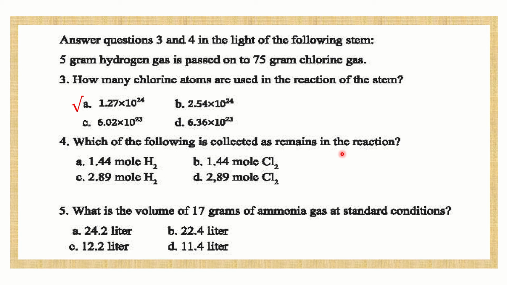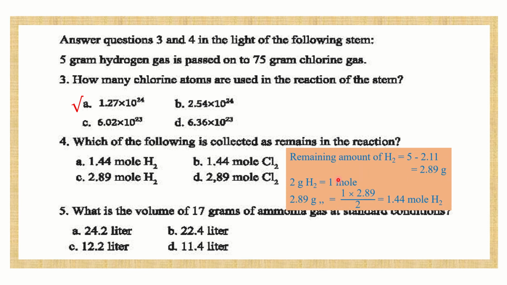And we have to find out how much hydrogen gas is collected as remains in the reaction. Look, from our previous math, hydrogen used was 2.11 gram, but in our reaction chamber there are 5 gram hydrogen. So how much hydrogen will remain?